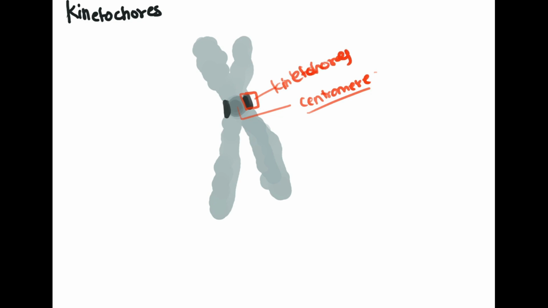Kinetochores are quite different from the centromere, because the centromere is essentially a bunch of repeated DNA molecules, nucleotides that are repeated continuously here. But kinetochores act as the primary place where the mitotic spindle attaches.